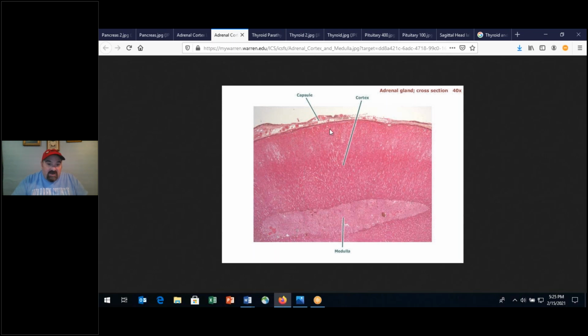If I point to an area adjacent to the capsule, glomerulosa. These are zones, layers, levels. If I point to an area adjacent to the medullary region of the adrenal gland, then it would be the reticularis. If I'm in the middle, then you're thinking about the fasciculata.